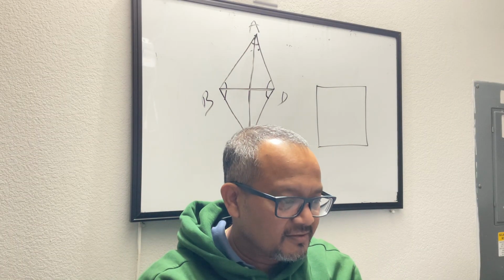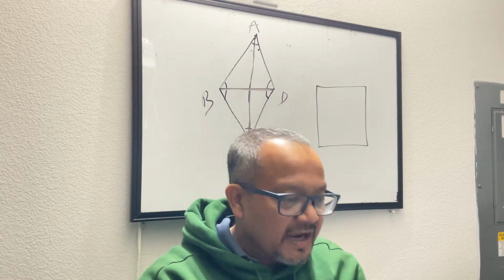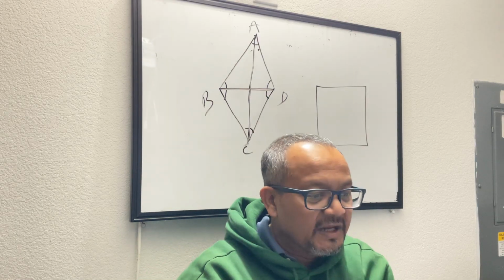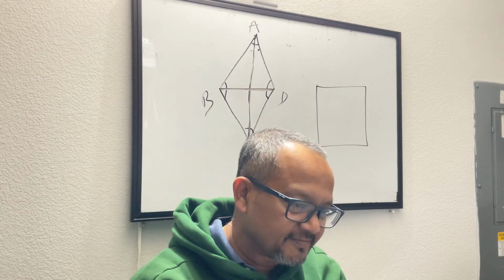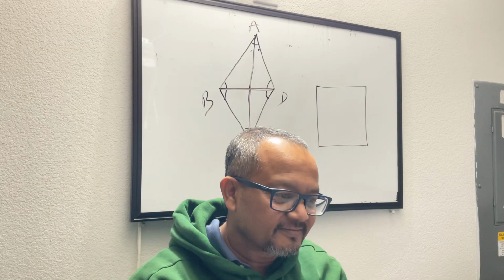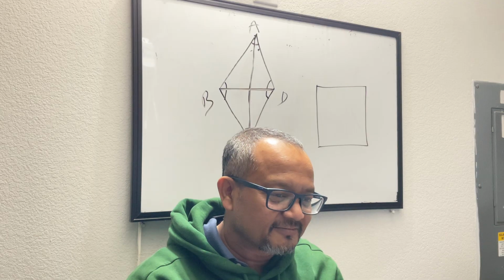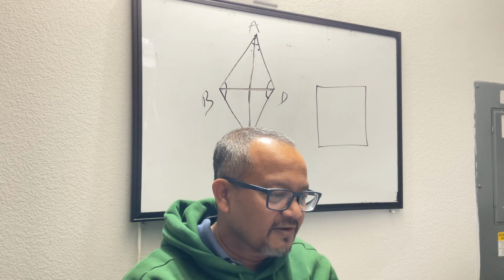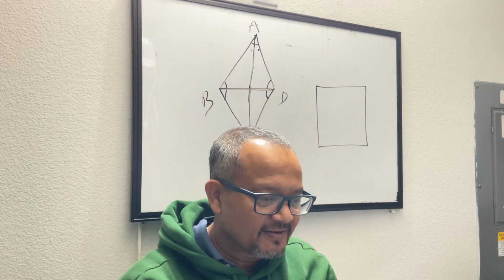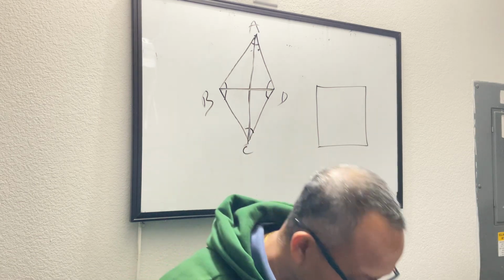What does it mean? The diagonals of a rhombus perpendicularly bisect each other. What does it mean? Vaibhav, Samrita, anybody?